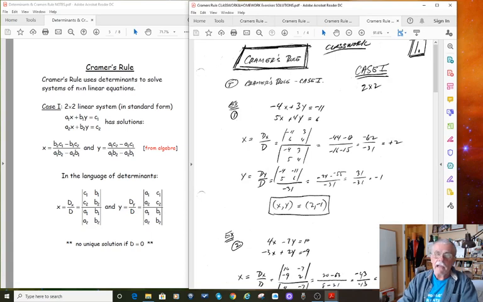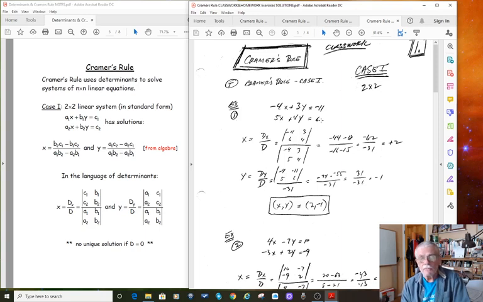Okay, so let's look at the first one. First example is the system of equations negative 4x plus 3y equals negative 11 and 5x plus 4y equals 6. And this, of course, is a 2 by 2, and we're going to solve this by Cramer's rule. Now, the idea is, of course, that we have options.